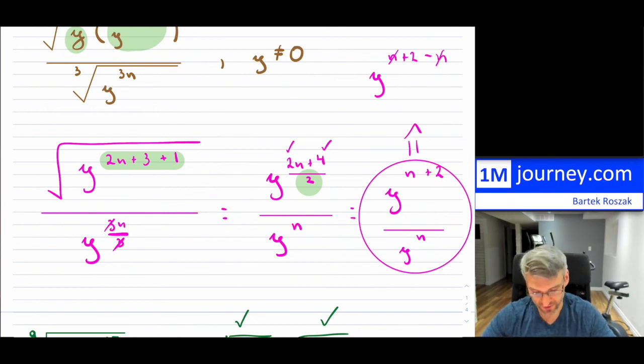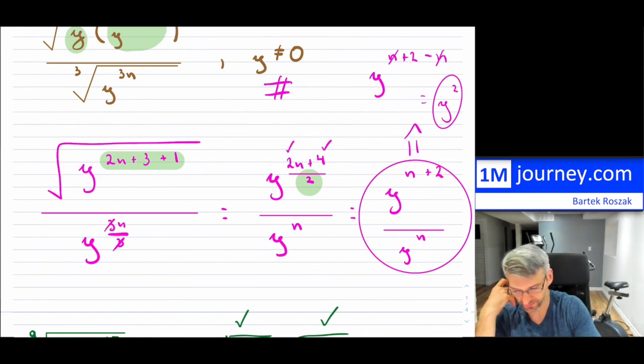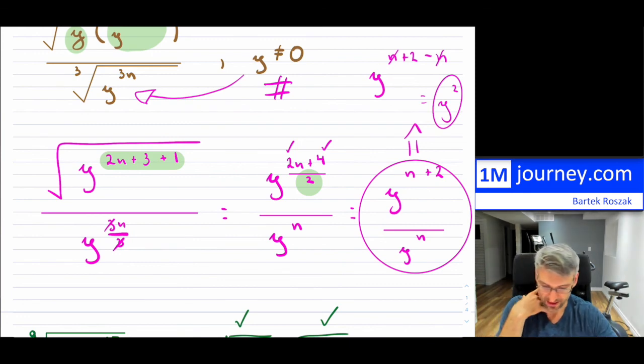And that just leaves you as your answer y squared. That's it. That will be the simplified form. Now we don't know what y is, so we'll leave it. y, I guess, cannot be equal to 0, and that makes sense, because if we plugged it into here, that would have made that 0. But that's the simplified version of what you have.